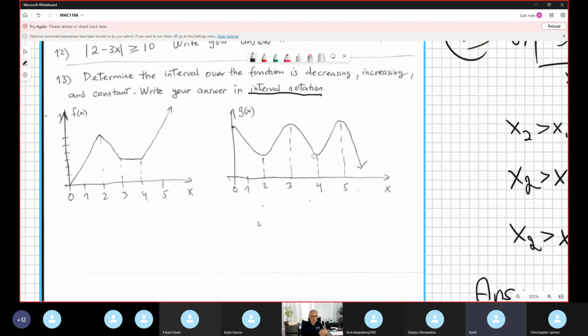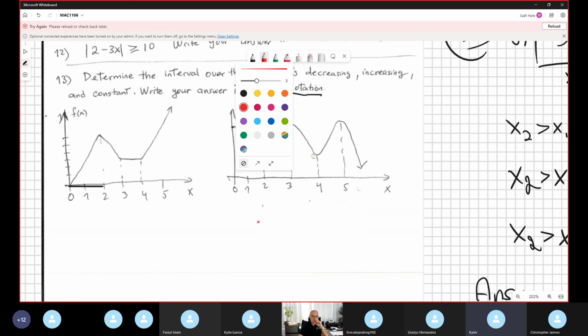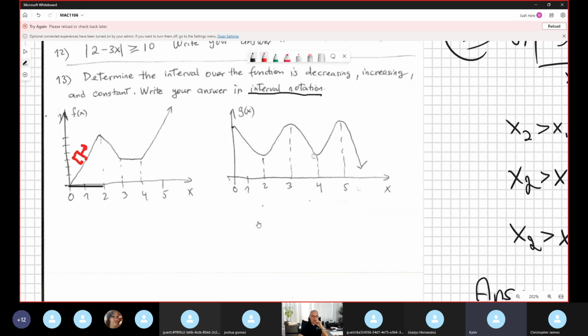For example, the first graph, I see clearly that from 0 to 2 the function is increasing because my roller coaster car travels in that direction. So you write 0, 2. Now I don't know whether to put the parenthesis or the bracket.